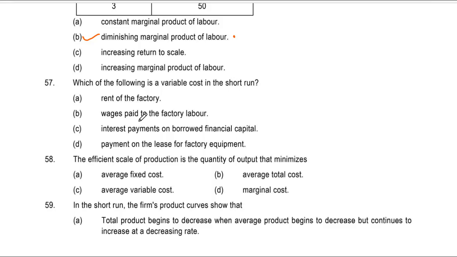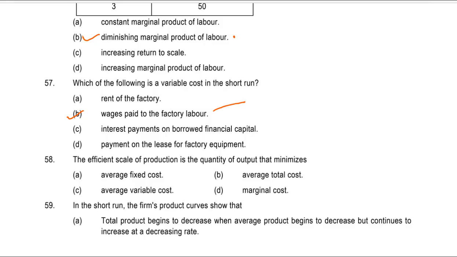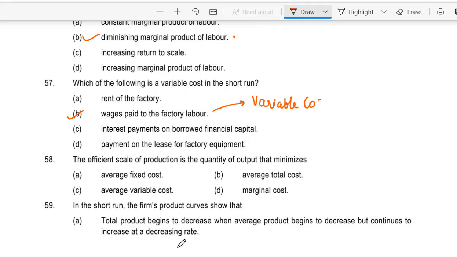Or D. Payment on the lease for factory equipment. So over here it is B, that is wages paid to factory workers. Wages paid to factory workers is a variable cost. So over here wages paid to factory laborer is a variable cost.